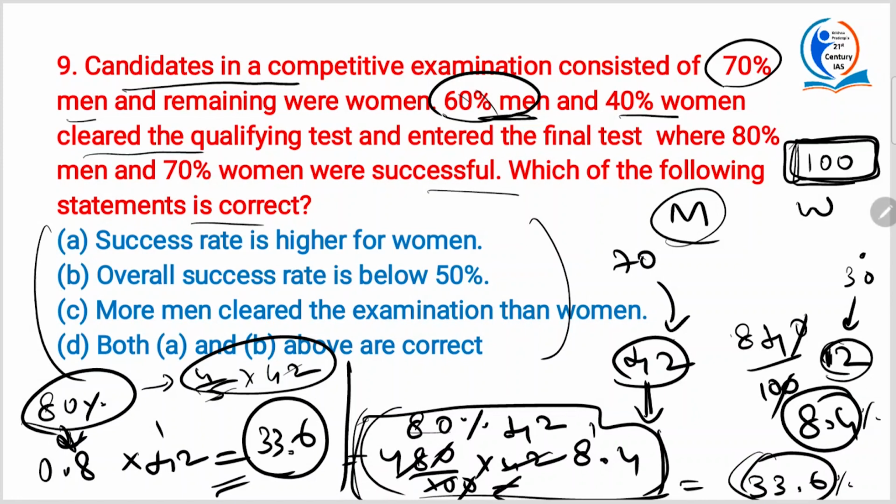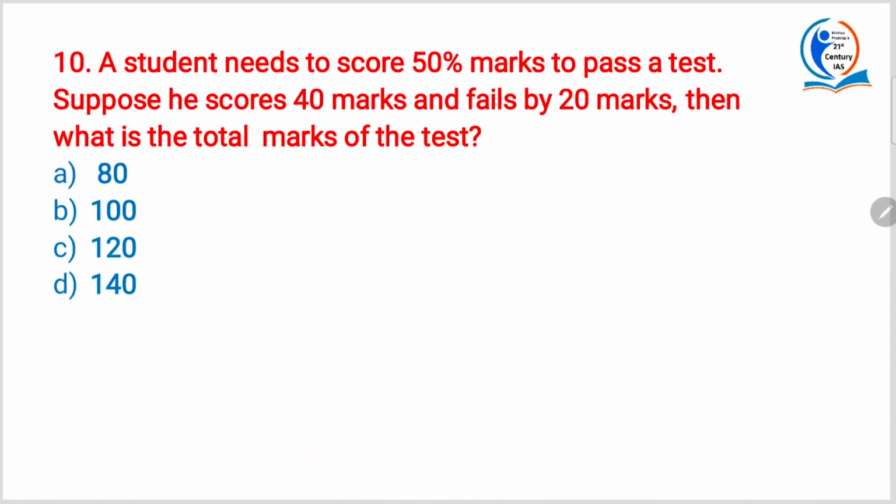It is approximately, in percentage terms, 28. So, men are more successful than women in this particular problem. So, this is gone. Overall success rate is below 50%. We'll add these two, 33.6 plus 8.4. It's 42, no? So, it is less than 50%. This is correct.